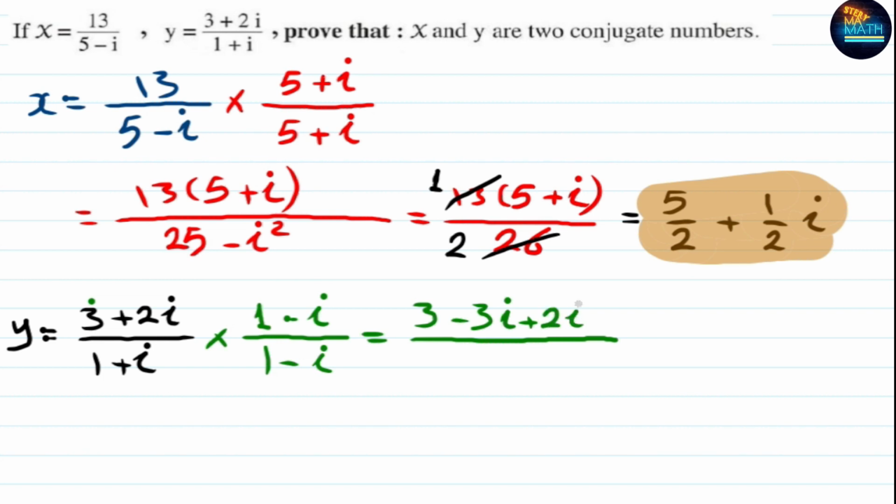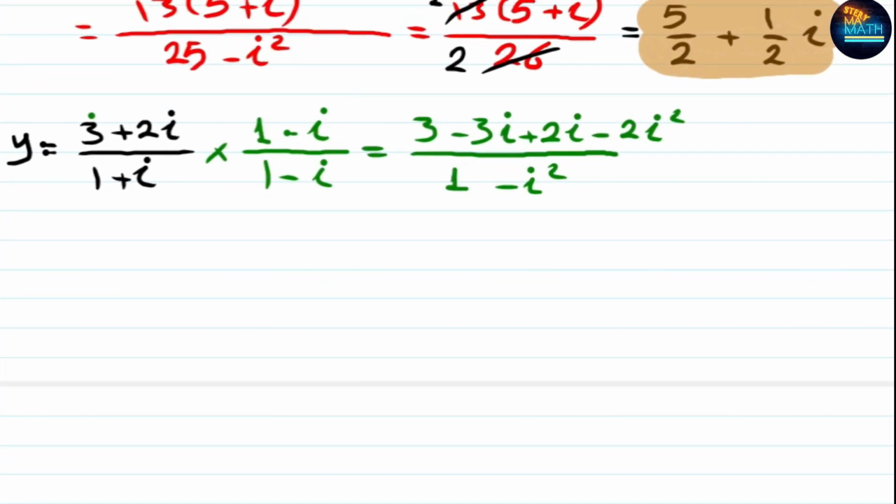And then 2i times 1 is 2i. And 2i times negative i is negative 2i squared all over 1, because 1 times 1 is 1. And i times negative i is negative i squared.